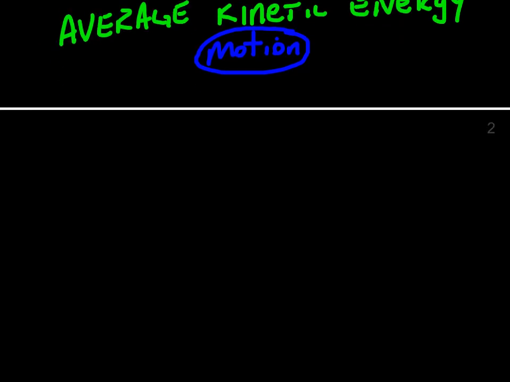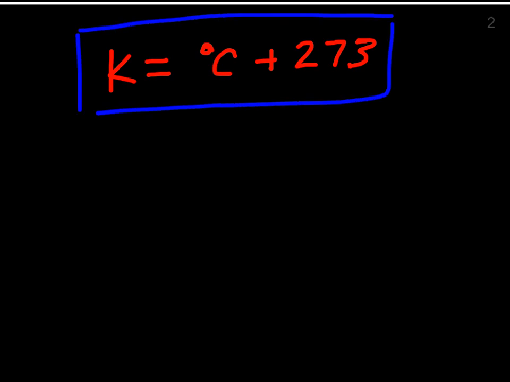Now, the formula to convert back and forth is very simple. Kelvin is equal to degrees Celsius plus 273. Get the 3 in there. I don't know what happened to the 3. All right, so that's the formula for converting backwards and forwards.